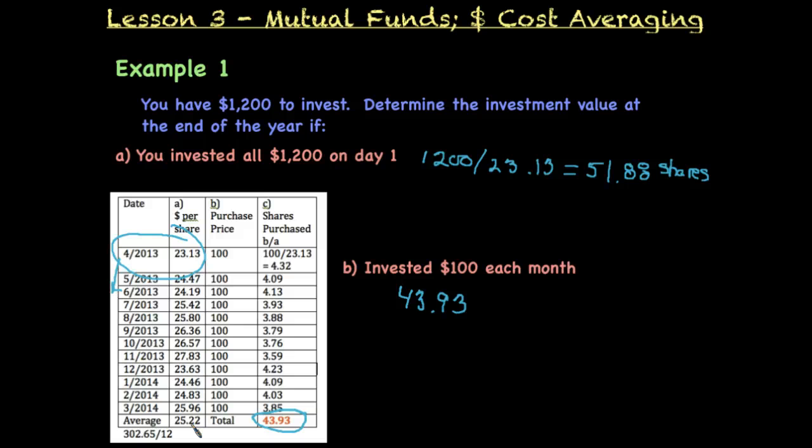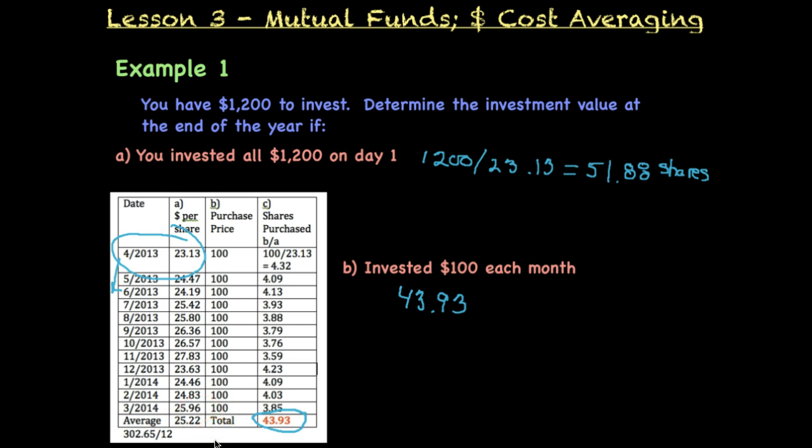That's what I paid on average. So for me to break even, the stock price would need to be around $25.22. Of course, in this example, I've rounded my shares, and I'm going to be off a little bit, but this will give me an approximation.